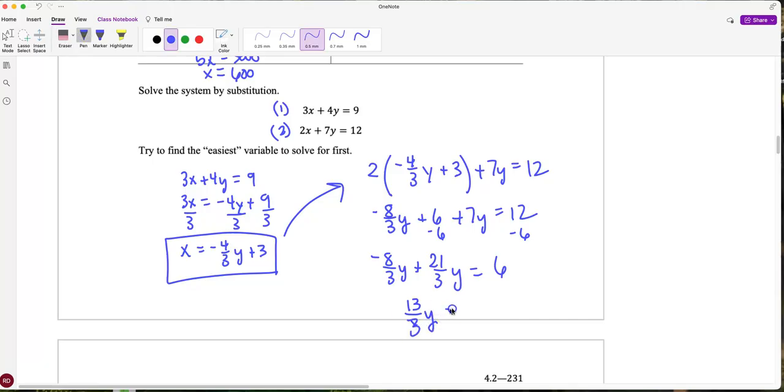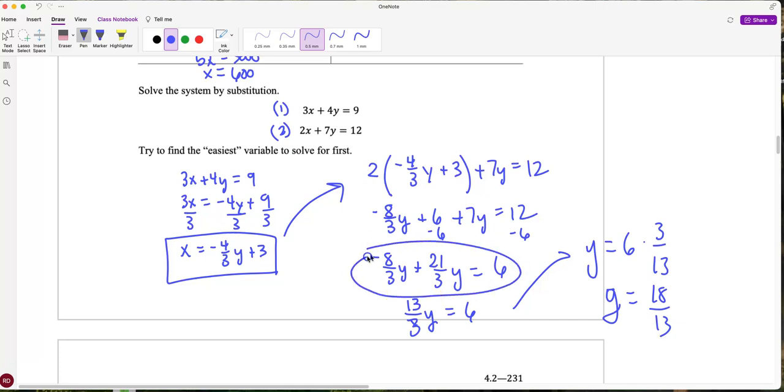13/3 y equals 6. Therefore, y is equal to 6 divided by 13/3, and dividing by 13/3 is the same as multiplying by 3 over 13. So y is equal to, what is this, 18 over 13. The other thing you could have done when you got to this spot right here, I could multiply everything by 3.